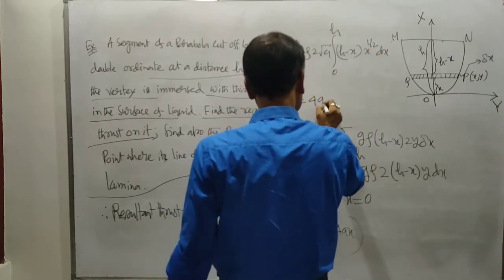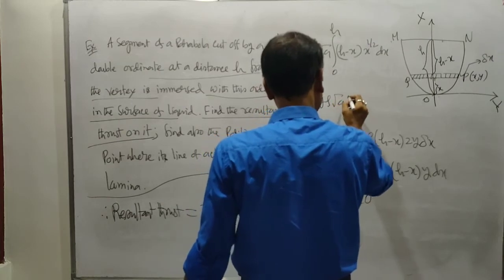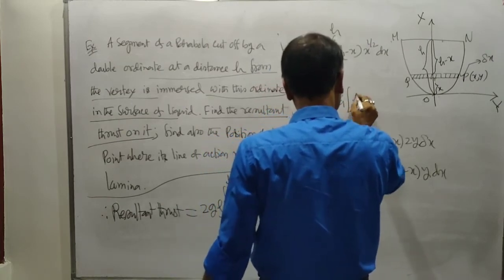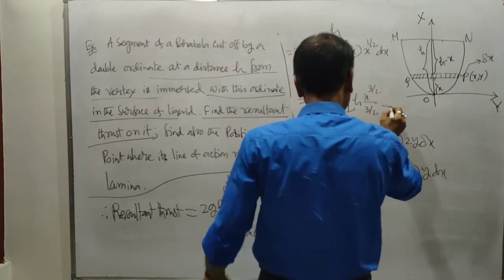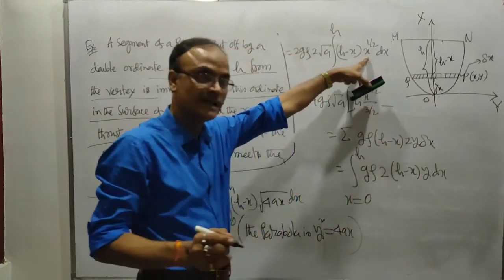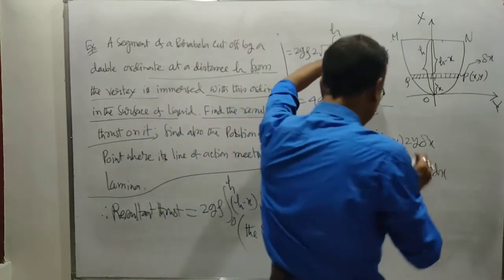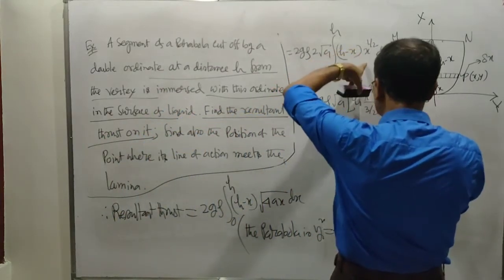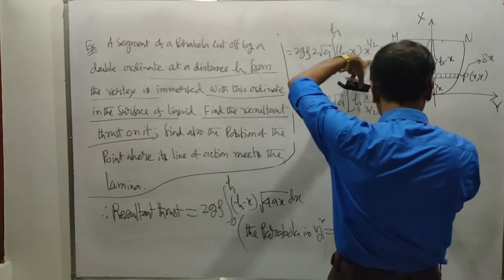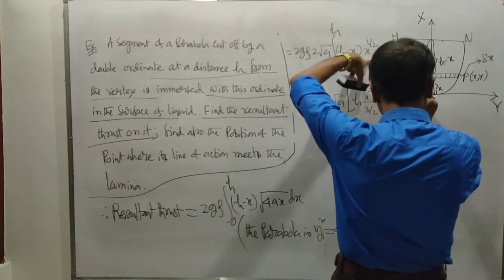This is equal to 4 rho g root a times the integral of h x to the power 3 by 2 divided by 3 by 2, minus x to the power 5 by 2 divided by 5 by 2, from 0 to h.